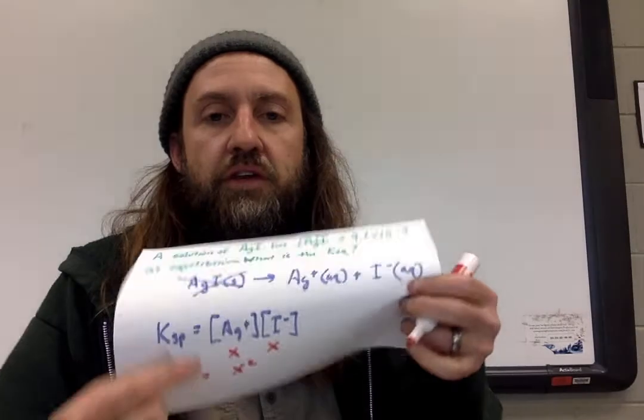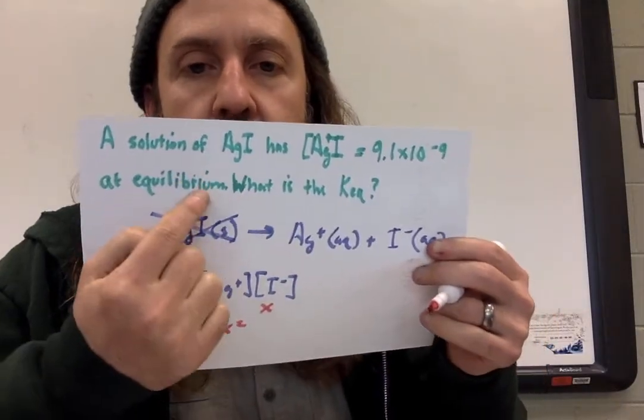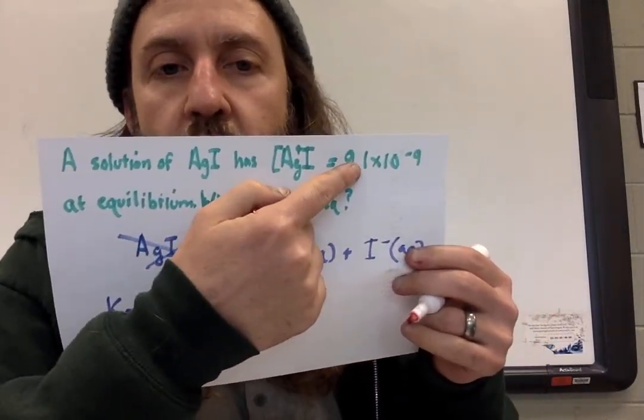Then I just take this number and square it: 9.1 times 10 to the -9th, and that's going to be the Ksp, and it's going to be exceedingly small.